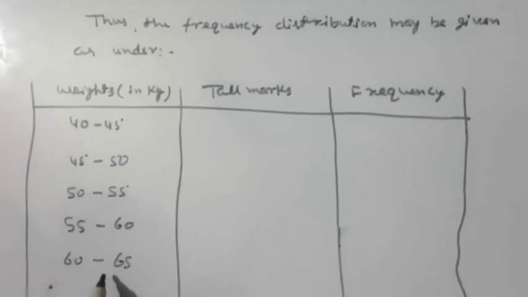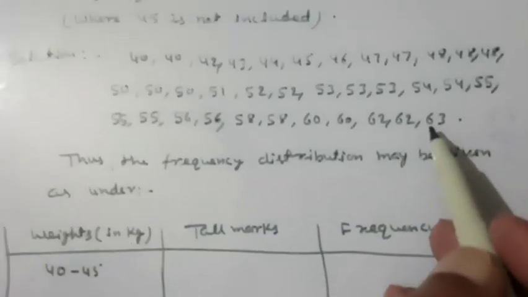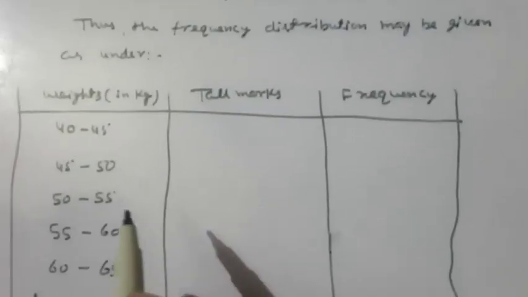This is the last class interval because our highest observation 63 comes between 60 and 65.